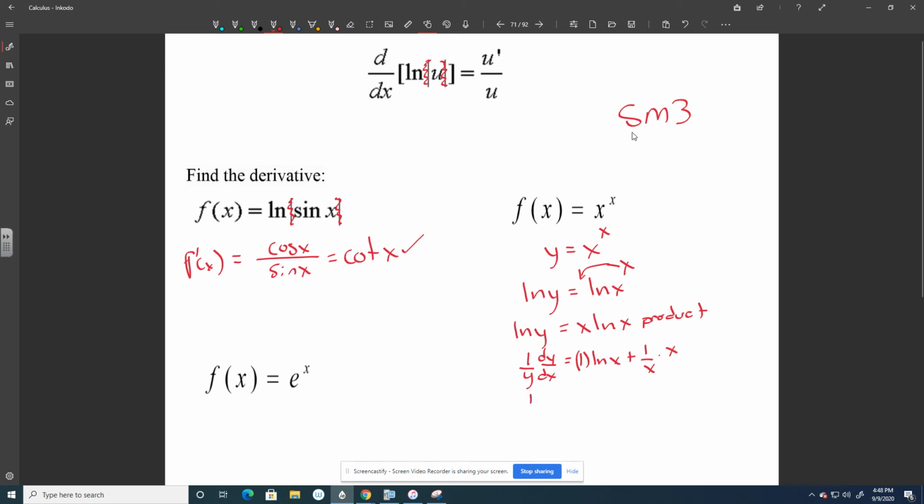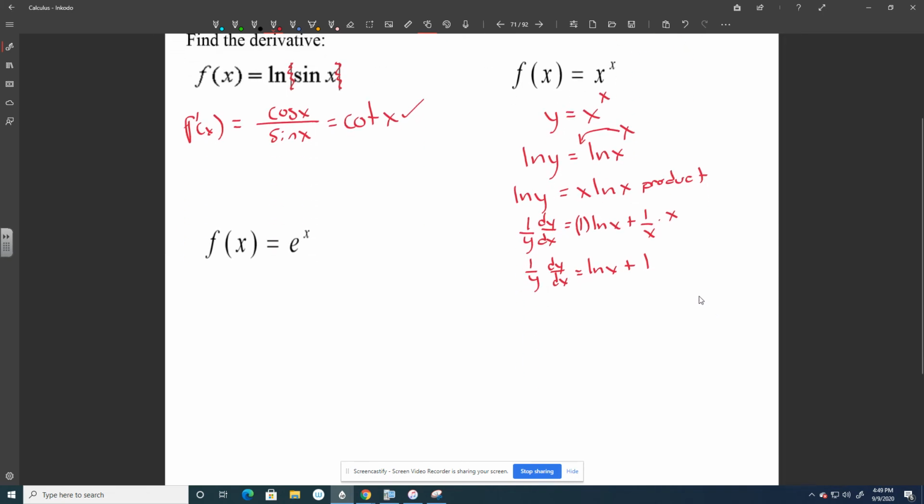So I end up with 1 over y dy dx equal to natural log of x plus this just becomes x over x. So that just becomes 1. Natural log of x plus 1. That's kind of nice.